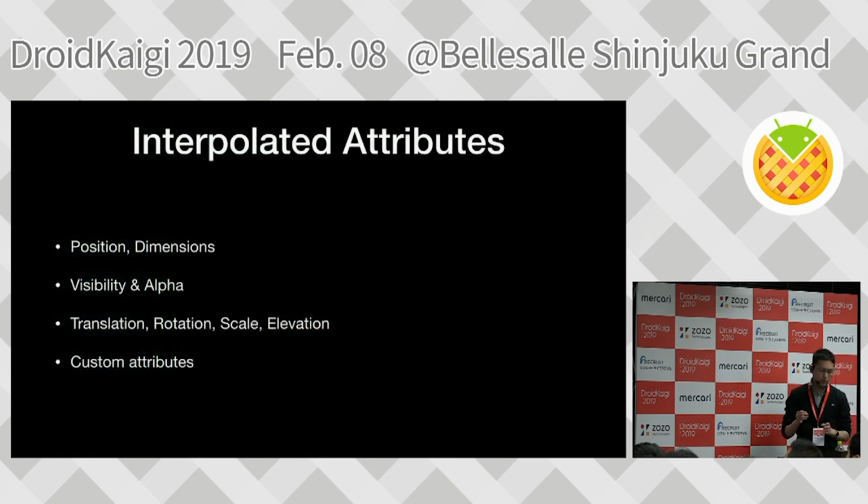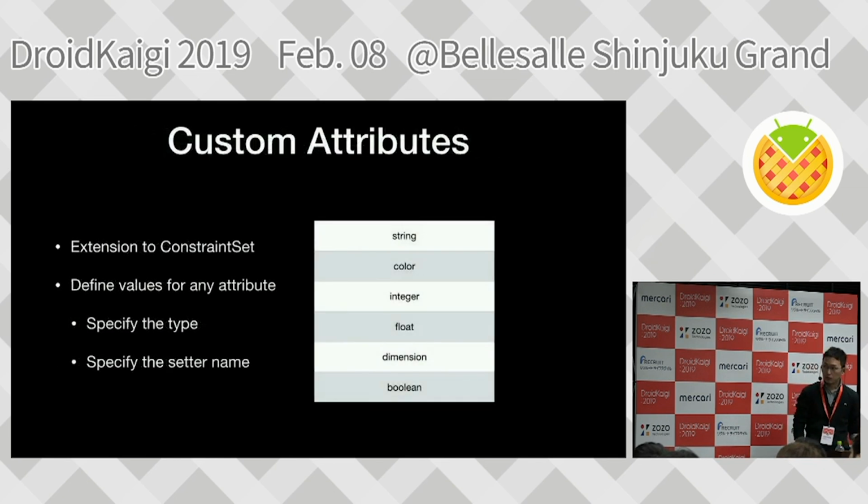Attributes specified in a constraint set are interpolated, like position or dimensions. In motion layout, it covers more than usual. In addition to the position and dimension, attributes like visibility or alpha or rotation are going to be interpolated automatically. Also, you can specify custom attributes, which allows you to interpolate any attributes of the views.